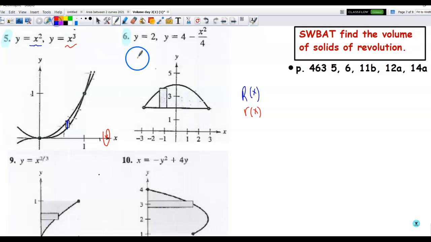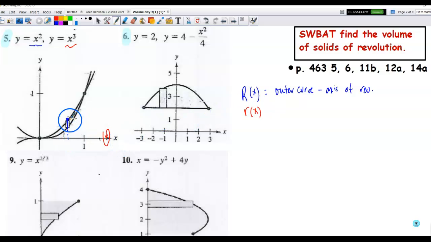Now, just a reminder, big R always goes from the outer curve minus the axis of revolution. That's the distance of that radius from the outer curve. So in this case, the outer curve is x squared and the axis of revolution is the x-axis.